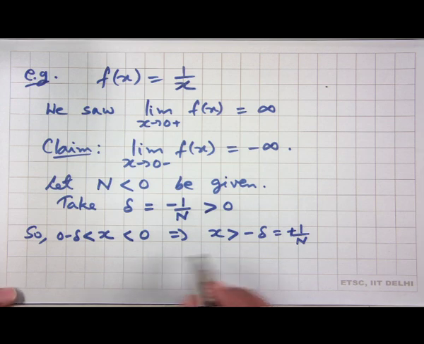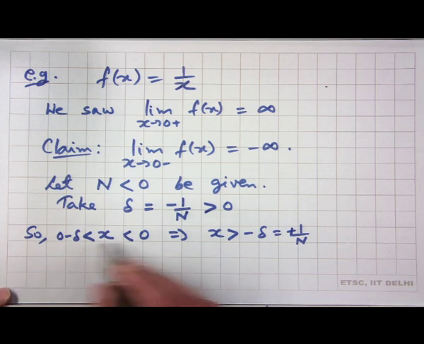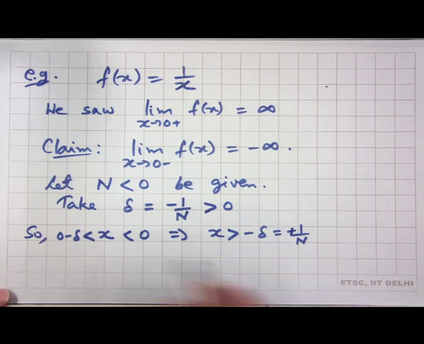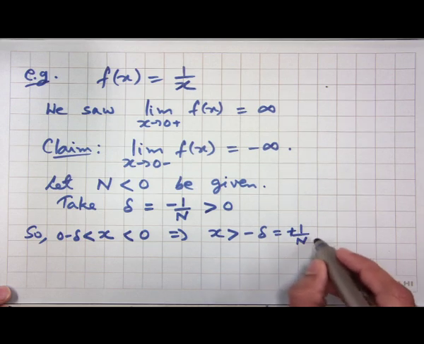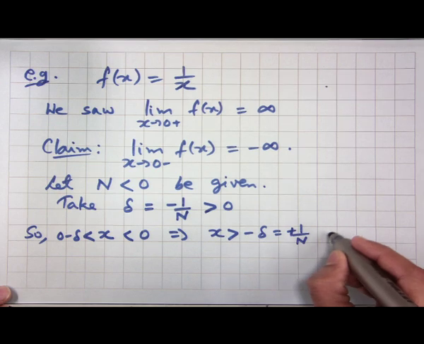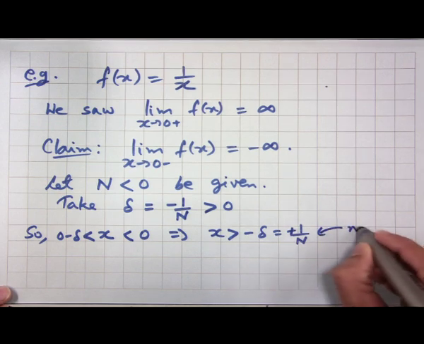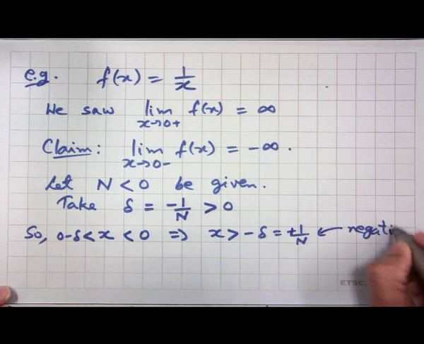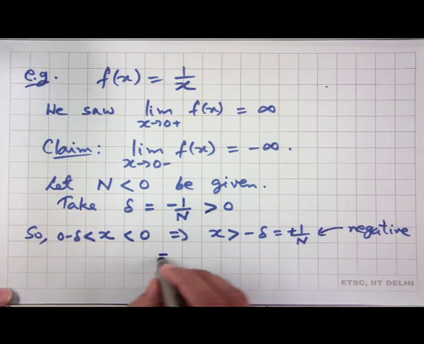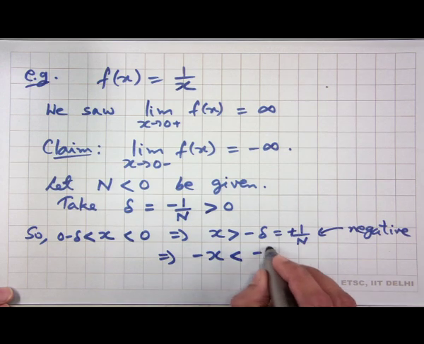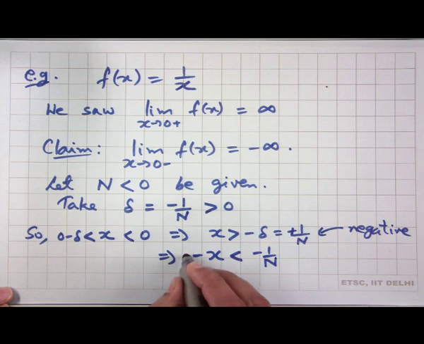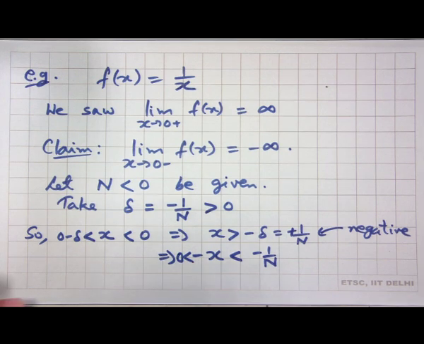Note that this 1 by n is negative. So, this implies that minus x is less than minus 1 by n, and since x is less than 0, minus x is greater than 0, and this minus x is positive.